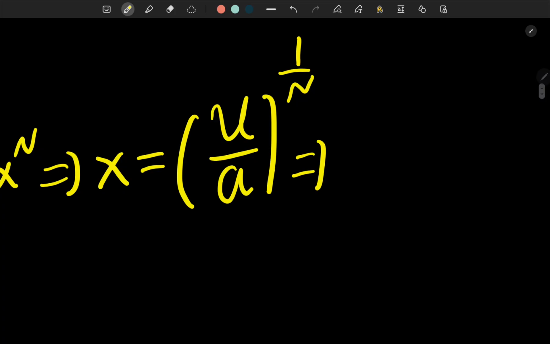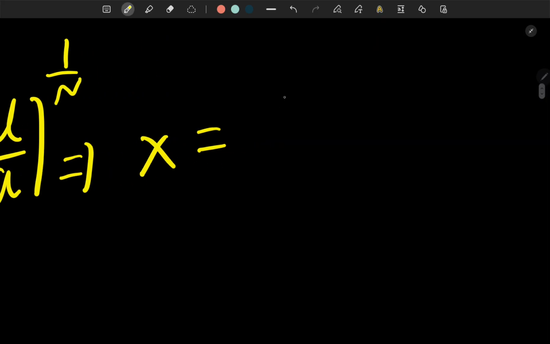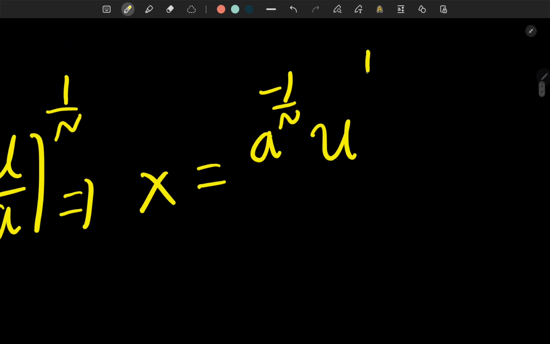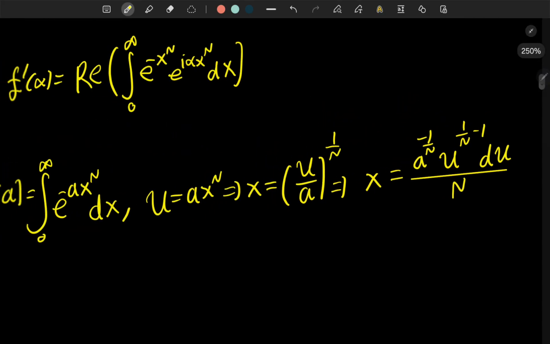This implies x is equal to a to the negative 1 over n, u to the 1 over n, and then minus 1 du divided by n.